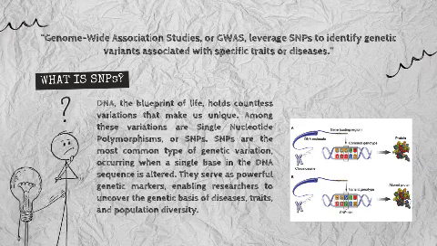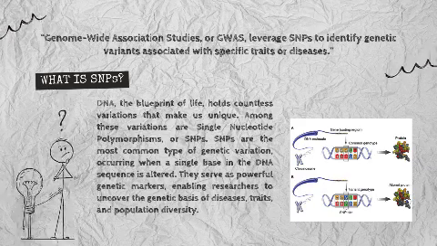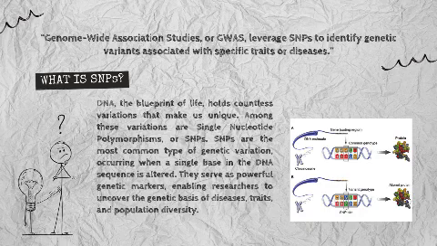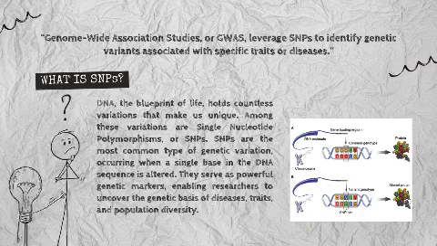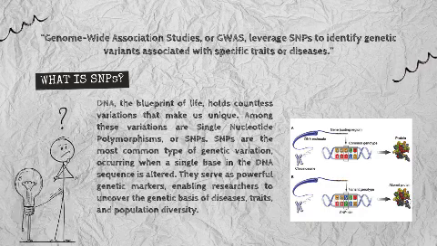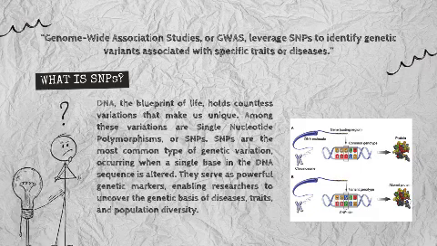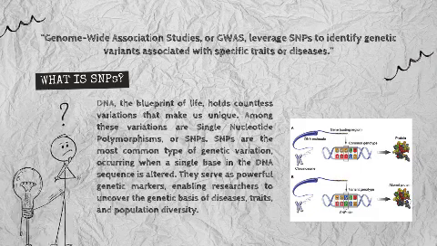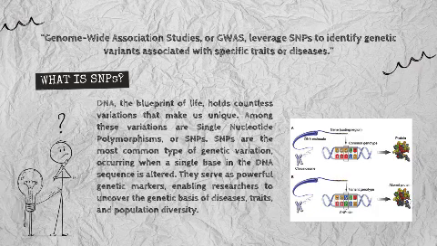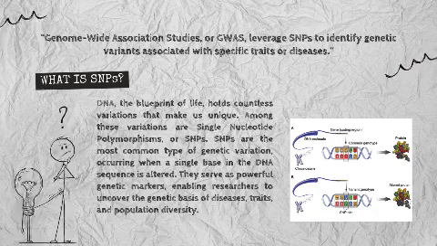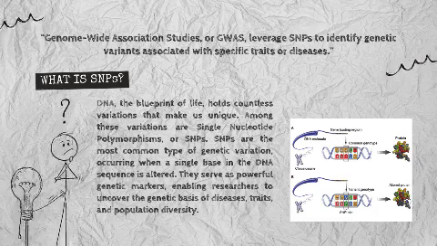Beyond medicine, SNPs are vital in trait mapping, linking genetic variations to physical or behavioral characteristics. They also shed light on evolutionary history, tracing human migration patterns and genetic diversity across populations.